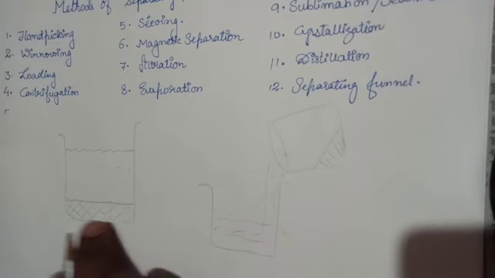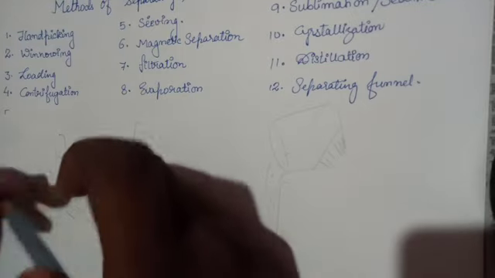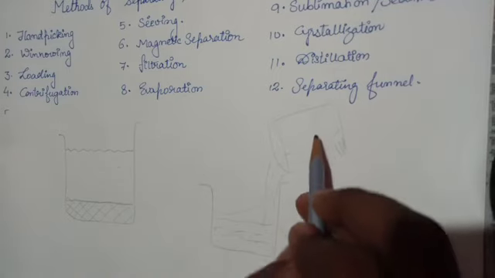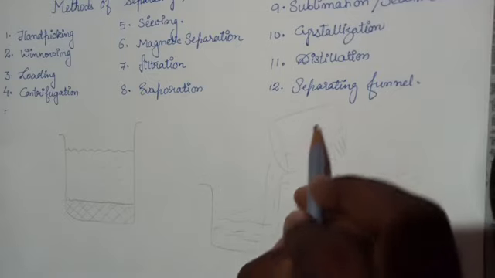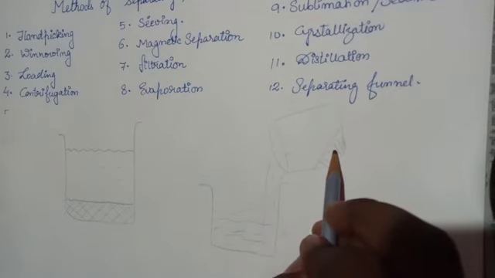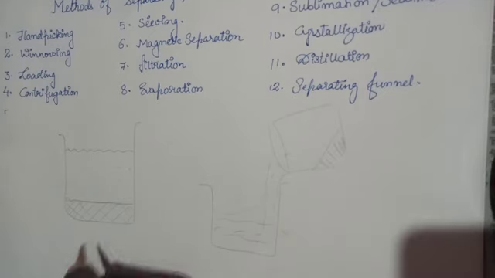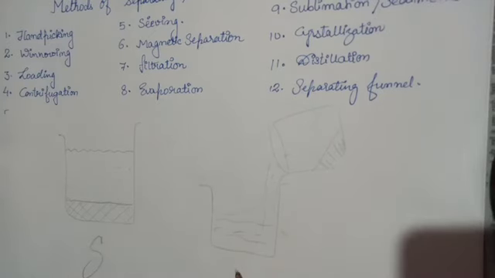Now this is sedimentation. So what is sedimentation? The settling down of the heavy particles at the bottom of a container is called sedimentation, and separating the water or the liquid from the dirt, or from its sediments, is called decantation. So this is sedimentation and this is decantation.